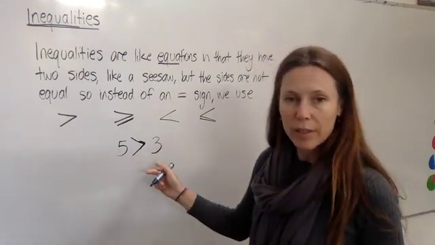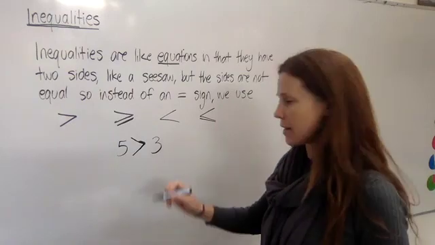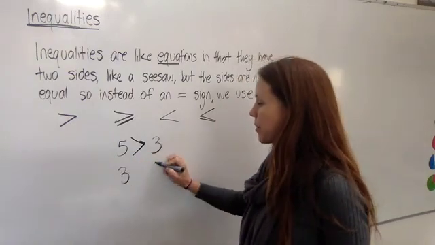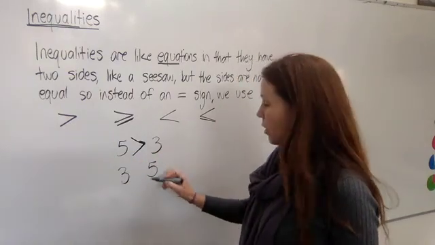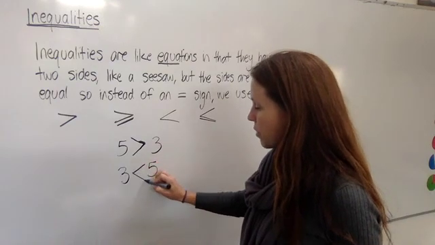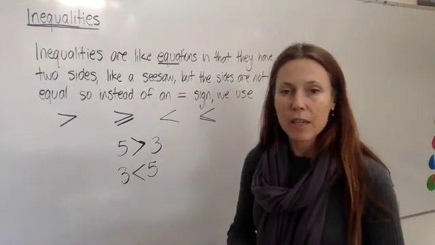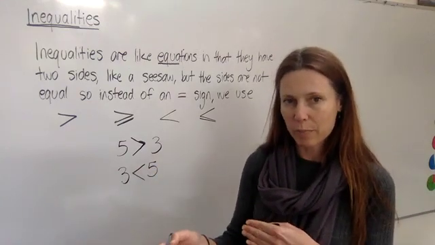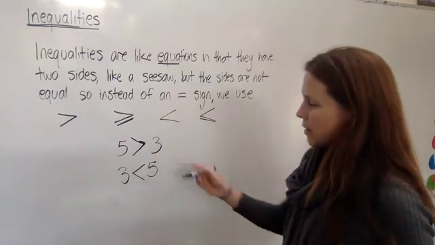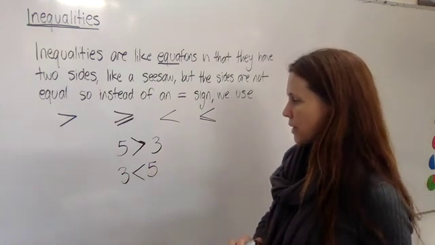Now it's important to understand it this way because if I was to write the same thing but around the other way with the 3 here and the 5 there, obviously now I need to flip the sign because the 5 needs to have the large side pointing to it and the 3 over here. So inequalities can always be flipped like this, and it's important to understand what's going on there.